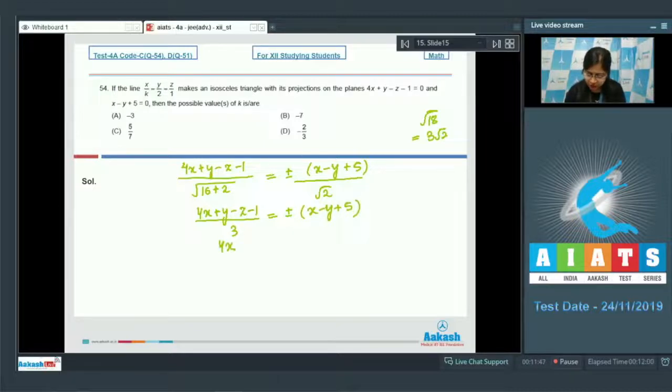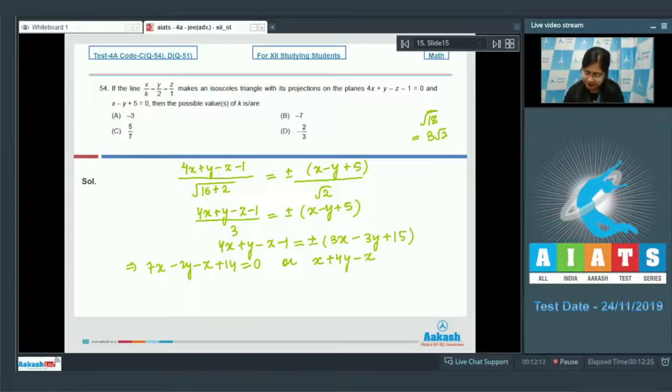So we have 4x plus y minus z minus 1 is equal to plus minus 3x minus 3y plus 15, which gives us, with the negative sign, 7x minus 2y minus z plus 14 equal to 0, or taking the positive sign we will get x plus 4y minus z minus 16 equal to 0.